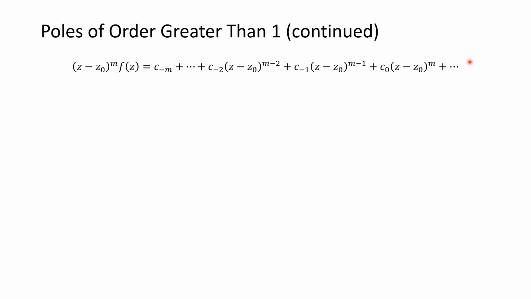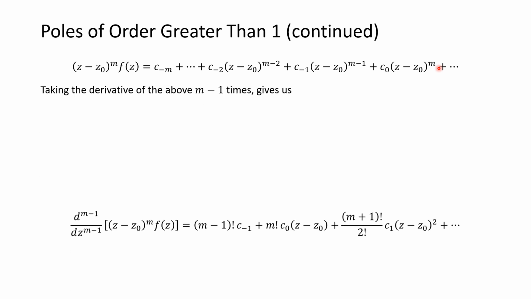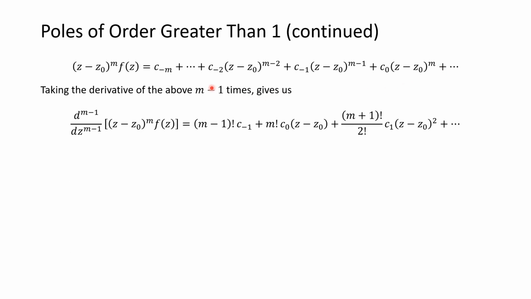So continuing from the previous slide, just rewriting our expression that we had previously. We take the derivative m minus 1 times on the left, and we get this expression on the right, c sub minus m. Of course, the derivative is 0 if we take it even just once, but we take m minus 1 derivatives here.